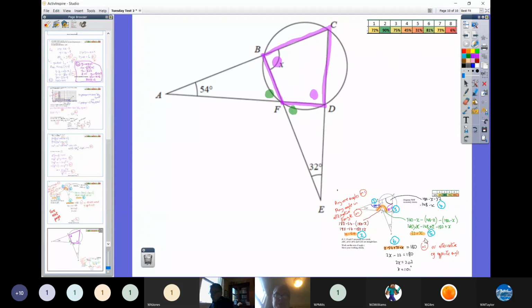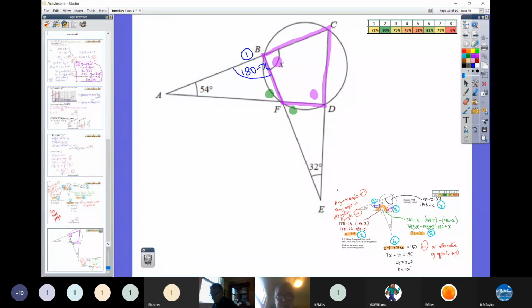Because the angle at B is x, the first thing to note is that the angle there is 180 take away x. That's because angles on a straight line add up to 180. Now we can work out this angle here, because angles in a triangle add up to 180, so we're looking at triangle ABF.